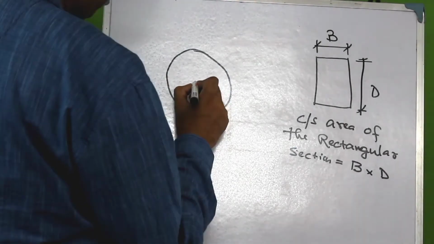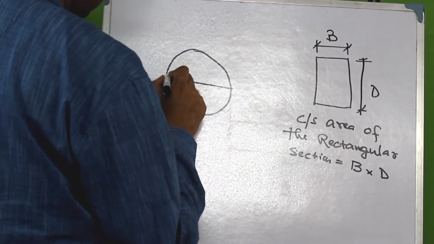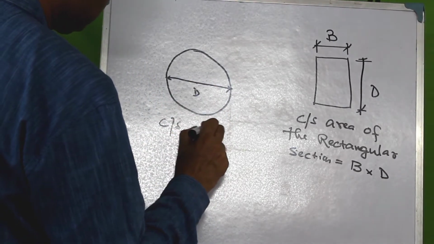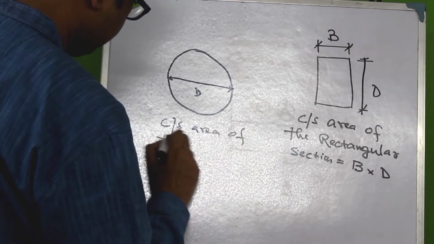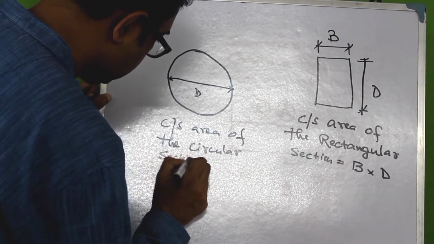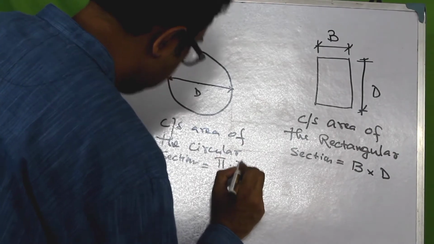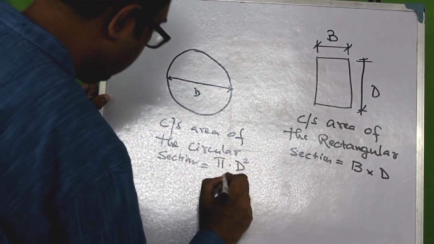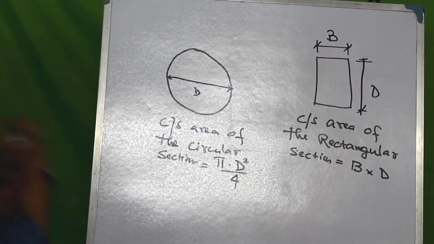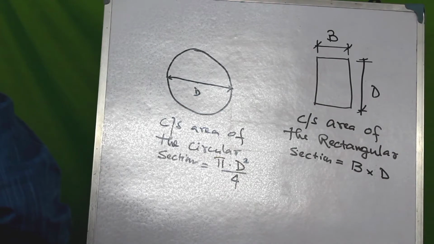Now, if this circular cross-section has a diameter D, then the cross-sectional area of the circular section is given by pi into D, which is the diameter, squared by 4. So this is the cross-sectional area of a circular cross-section.